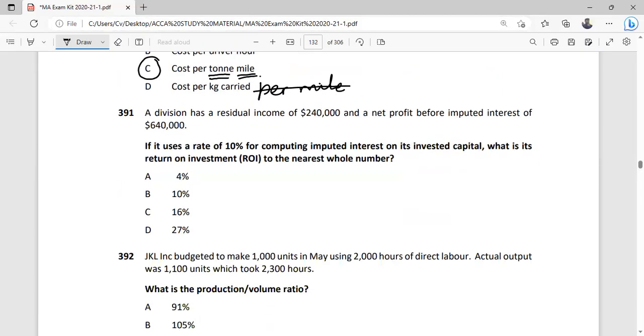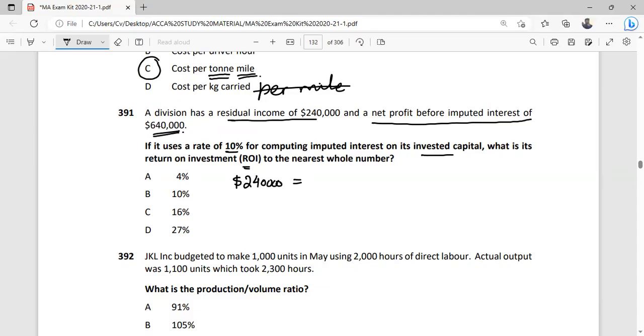Okay. A division has a residual income of 240,000 and a net profit before imputed interest of 640,000. If it uses a rate of 10% for computing imputed interest on its invested capital, what is its return on investment to the nearest whole number? So he is saying that your residual income is 240,000.